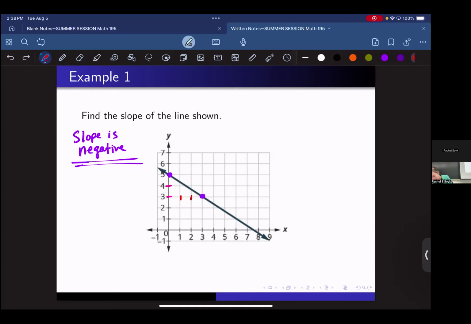And then 1, 2. So down 2, -2 over 3. This is our slope.